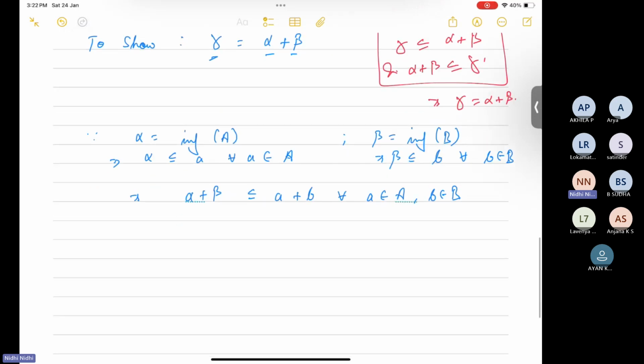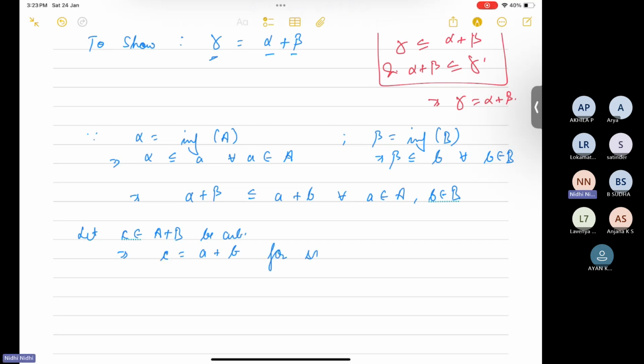Now, if I take an arbitrary element in A plus B, let c belonging to A plus B be arbitrary. This would imply that there exists some a in A, b in B such that c is equal to a plus b.